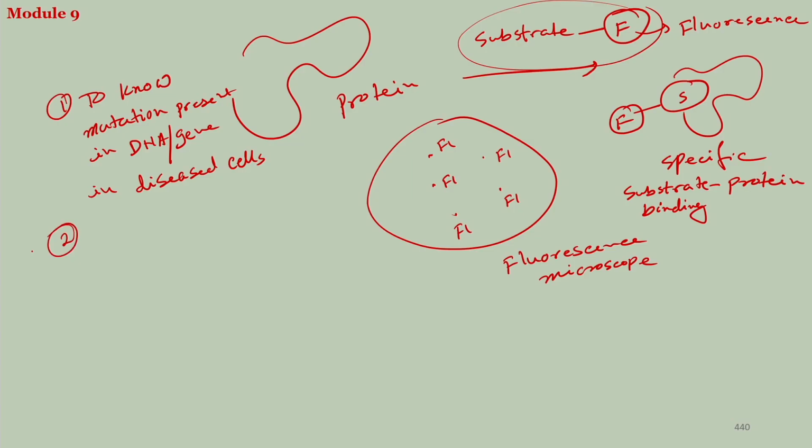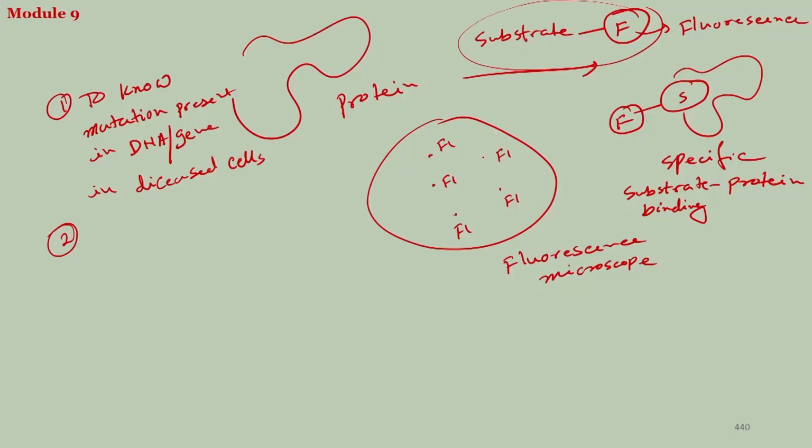Second is also very important. So if there is a mutation, or if your gene is not functioning as you want, for example, what happens in tumor cells or cancer cells is the cells undergo rapid cell divisions, right? And rapid cell division means your DNA is also getting replicated. So more DNA is getting replicated, that's why you are getting more cell divisions.